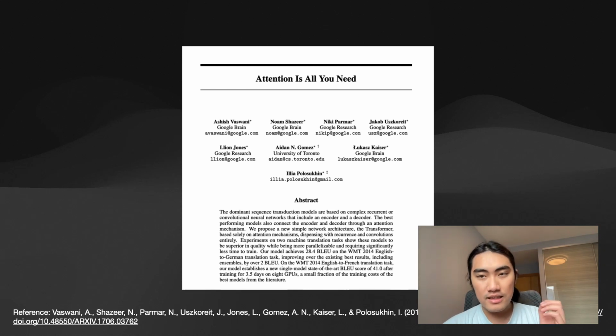So let's start from this paper: Attention Is All You Need. This is actually quite funny because this paper was published in 2017. I think almost everyone in the AI industry has already read it several times because it was very famous in 2017 and 2018.